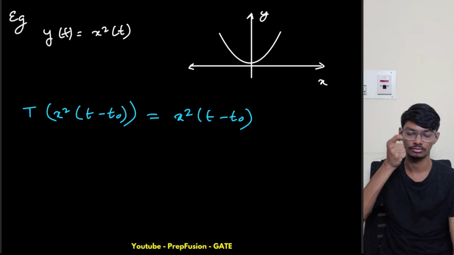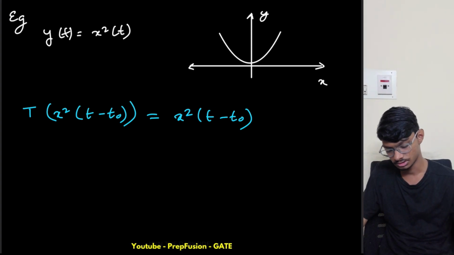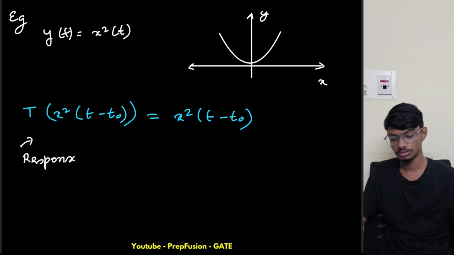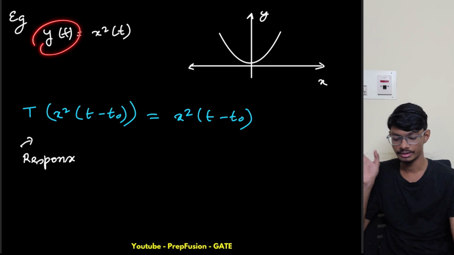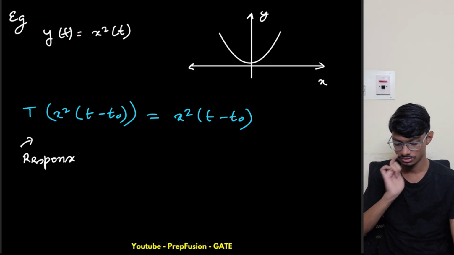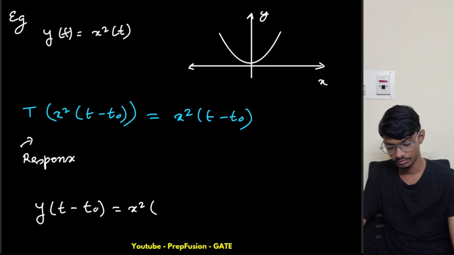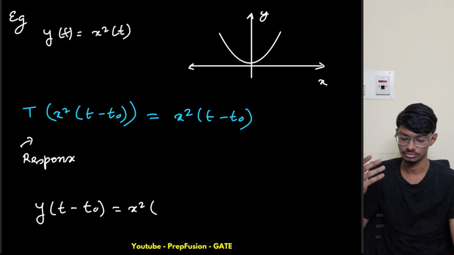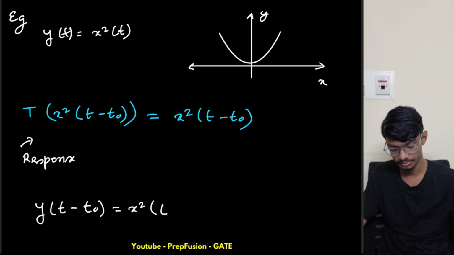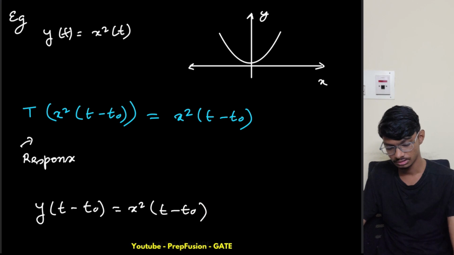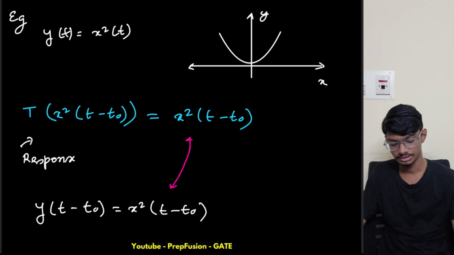This is the response. Now if I shift this output by t naught, what do we get? If I make y of t minus t naught, we're just changing t to t minus t naught, so the relation will be x square of t minus t naught only. So what we can see is the response and output are the same.